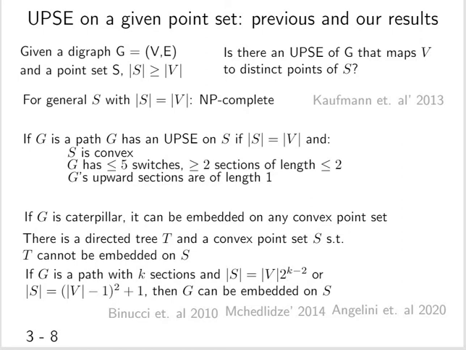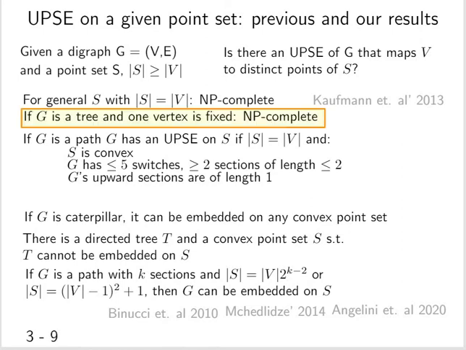We did several steps advancing this state of the art. So first of all, we gave another NP completeness proof for a different problem actually. Previously, the graph might have had cycles.